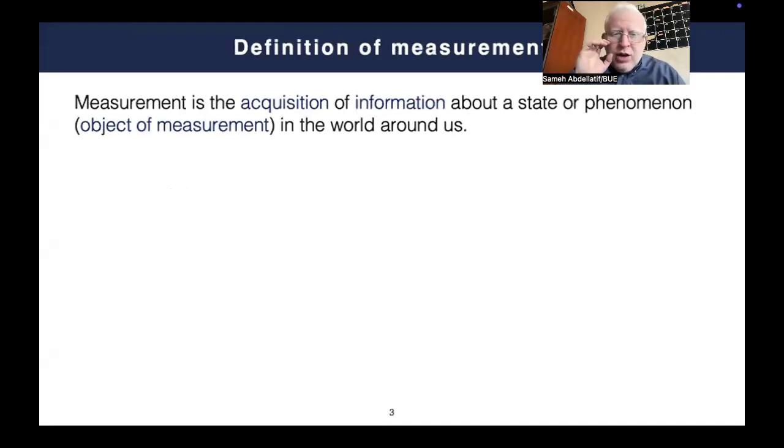Okay, so let's start from the beginning by asking what is a measurement. Generally, we defined it in lecture number 0 when we said that a measurement is a process of converting a variation of a certain phenomenon into a sort of electronic variation.